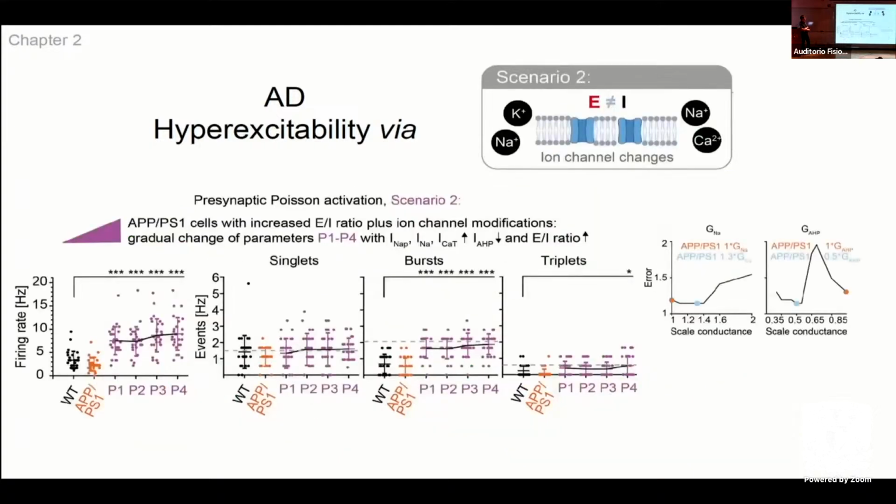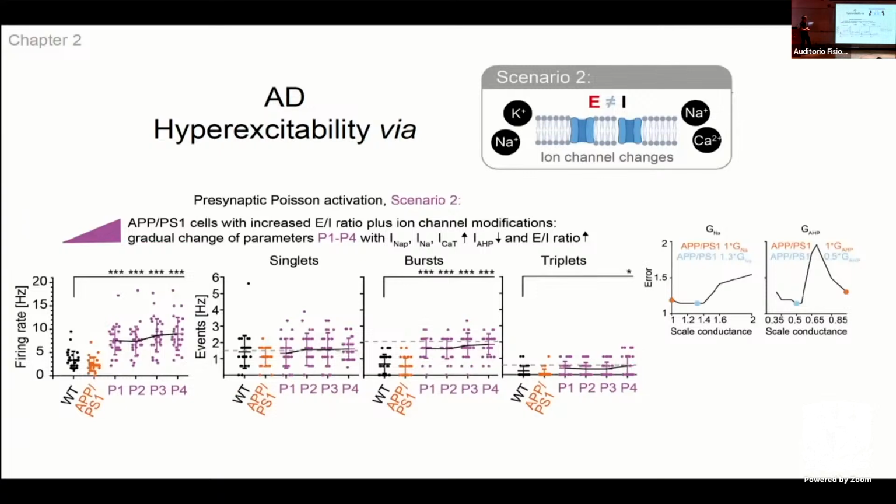Another explanation is the combination of this EI imbalance together with changes in the ion channels. Here on the right, there are 2 examples of how we scanned these ion channels. So when we say we modify these ion channels, we mainly mean that the conductance of the ion channels is changed, because this is the parameter that stands for the distribution of the channels in the dendrite.